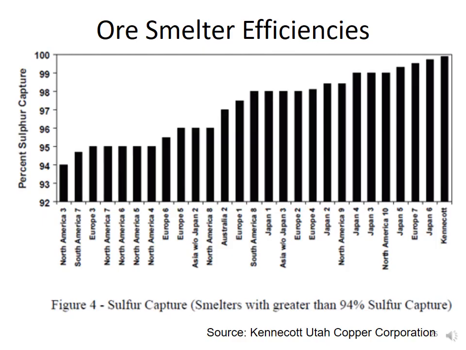Let's take a look at the efficiency of the smelters and the air pollution equipment that removes the sulfur dioxide from the gas stream. You'll see that according to the source, the Kennecott Copper Corporation smelter at 99.9% efficiency is the most efficient smelter in the world in terms of removing the sulfur dioxide gas.